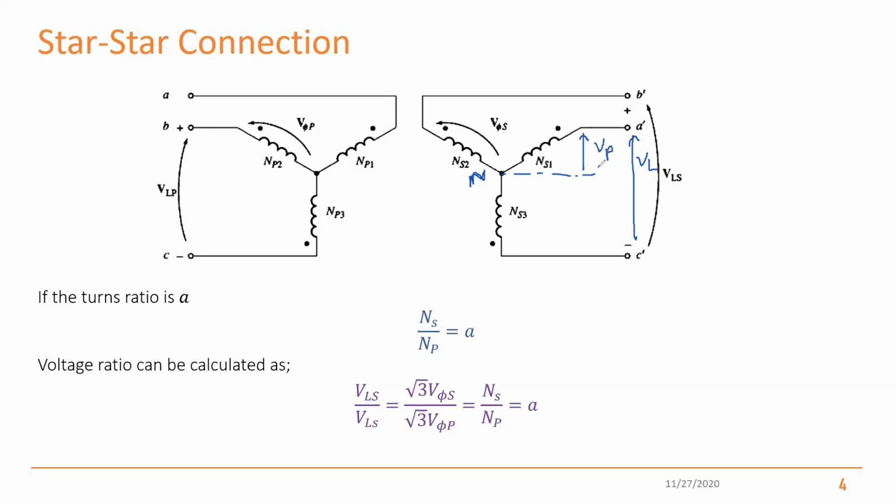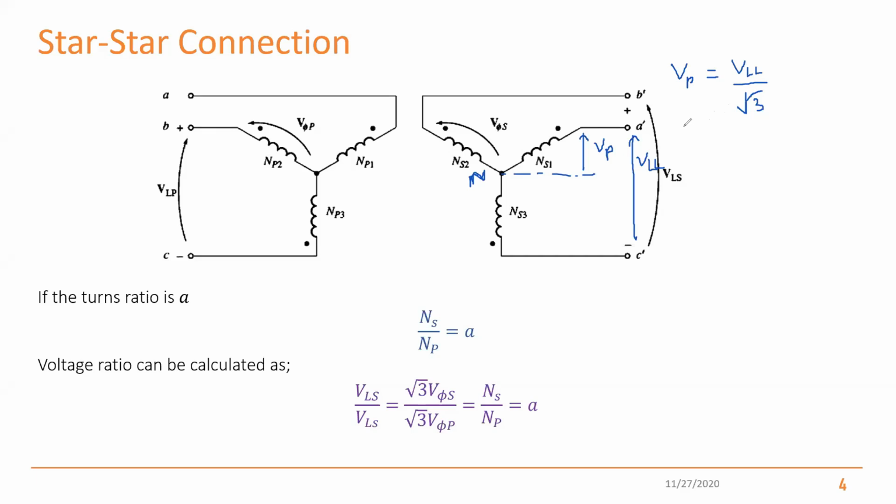The phase voltage is related to the line voltage by VLL divided by root 3, provided that our loading and source are fully balanced. We typically assume that is the case, but the system can be slightly unbalanced, though we can assume they are balanced most of the time.